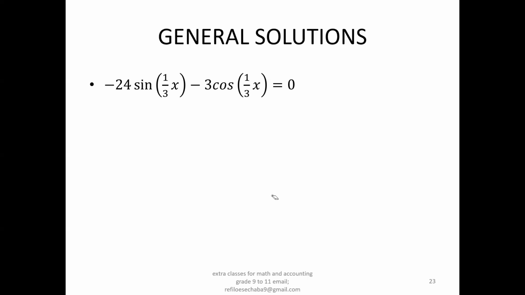Done. Yeah, that was quick. What did you do? I took -3 cos to the other side, and then I divided both sides by cos of 1/3x.